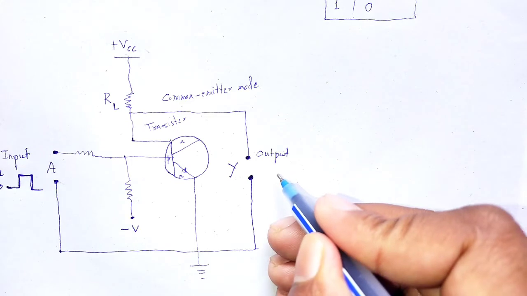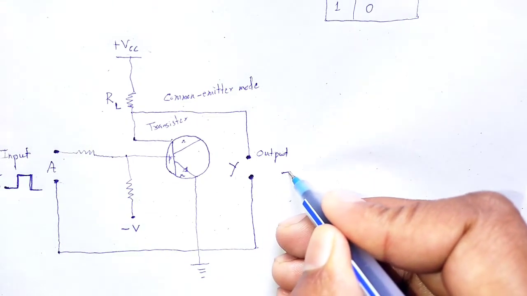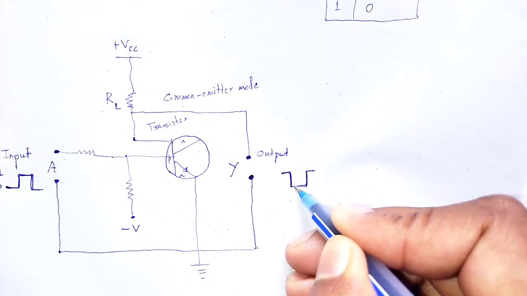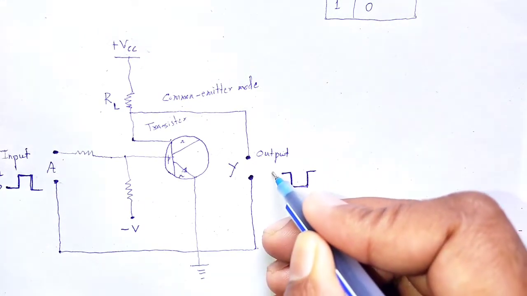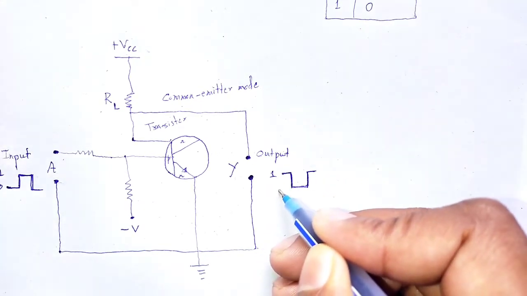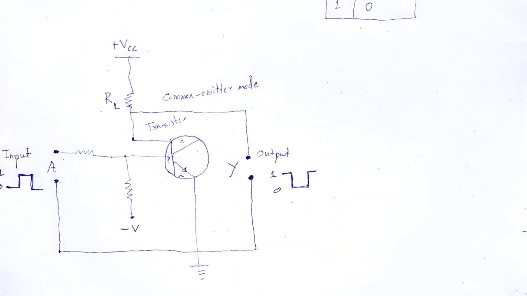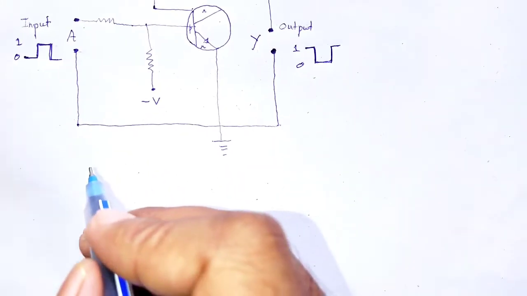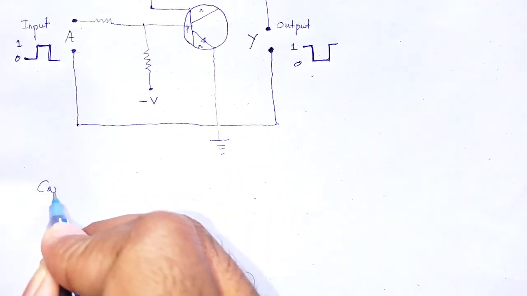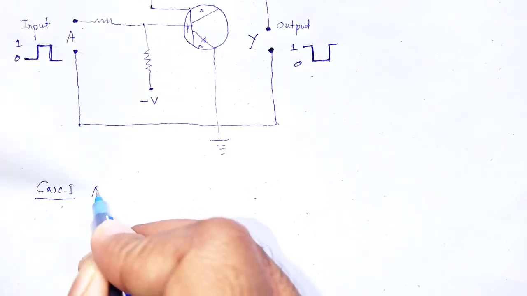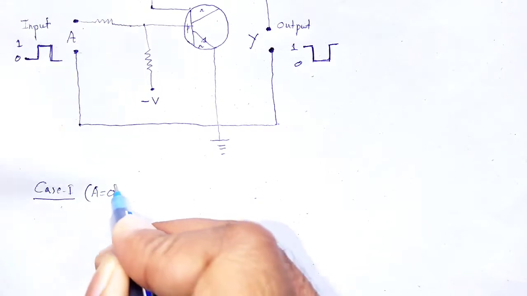So the output symbol is 1 for input 0. First case, as A is equal to 0.